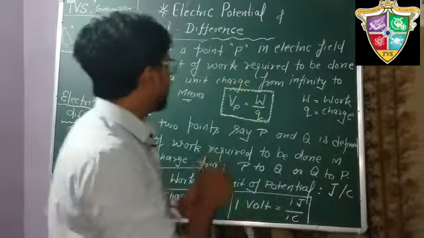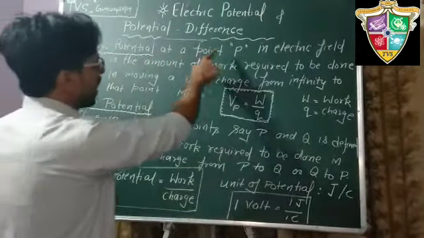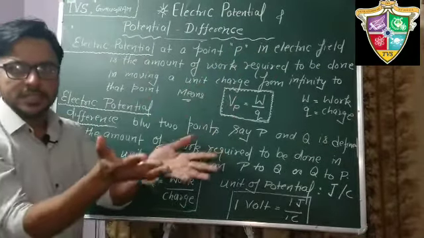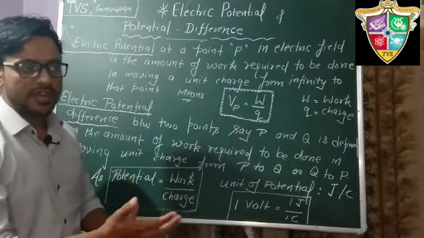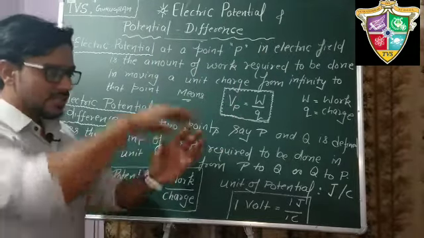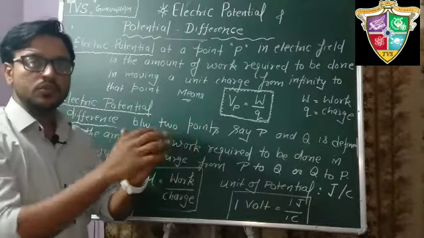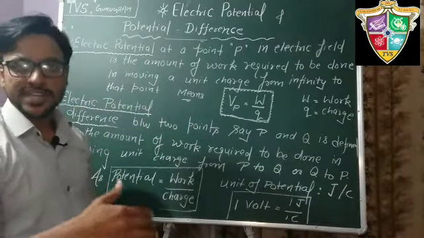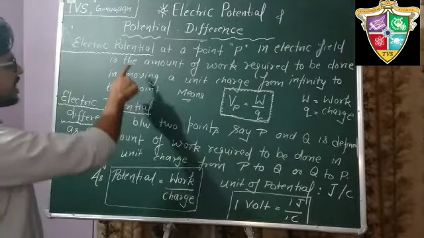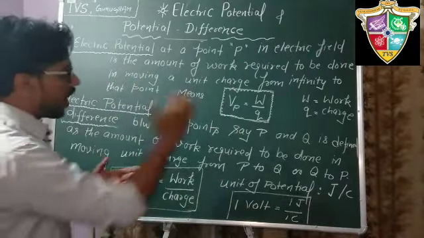So if we want to calculate electric potential at a point, say P, in electric field, the space around that charge, if we are having positive charge or negative charge, the region around it up to which its influence can be experienced is called electric field. And it is the amount of work required to be done.